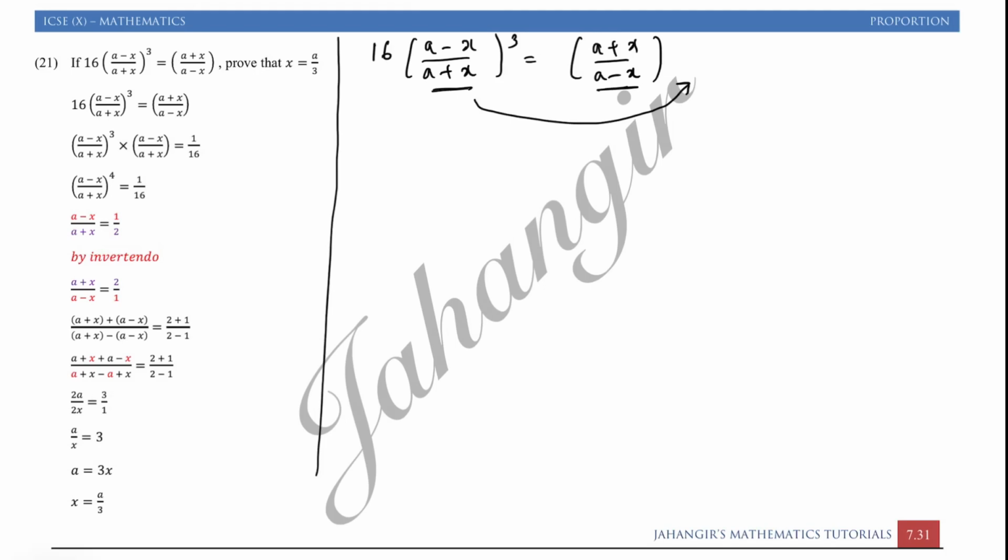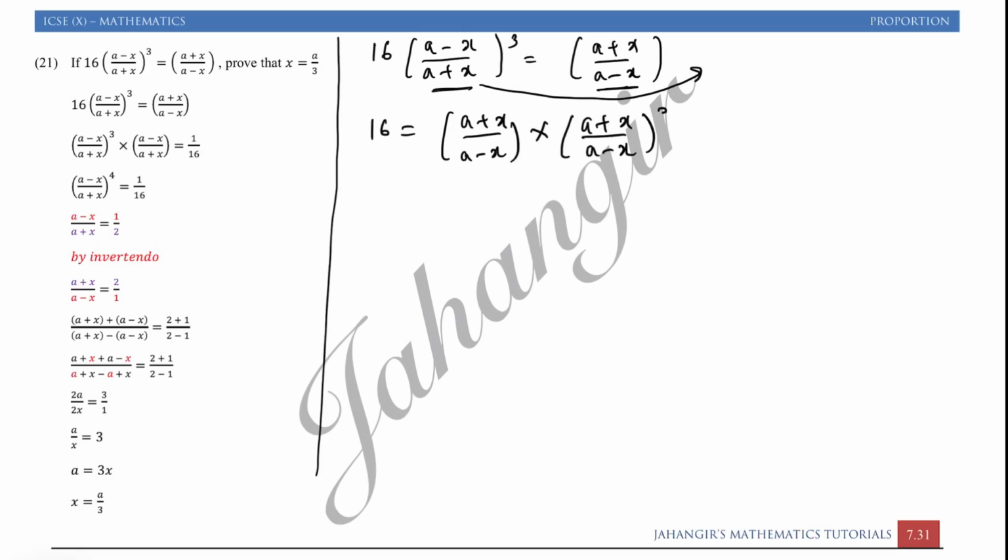It will become reciprocal. So I will write 16 into this (a plus x) upon (a minus x) will remain as it is, and this term we are shifting to the other side will become ((a plus x) upon (a minus x)) whole cube.